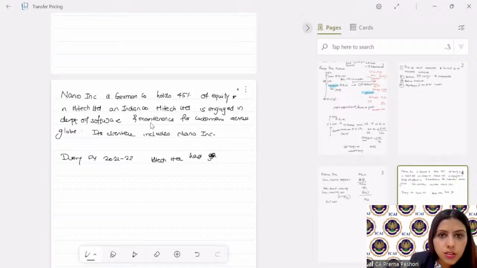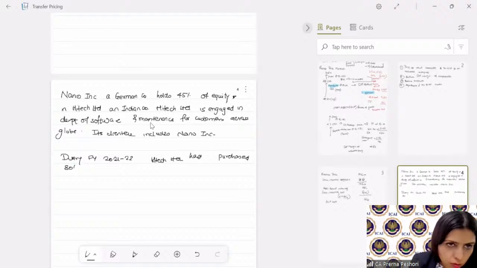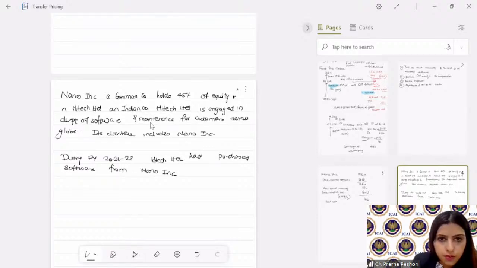purchased software from Nano INC worth rupees 10 lakhs.